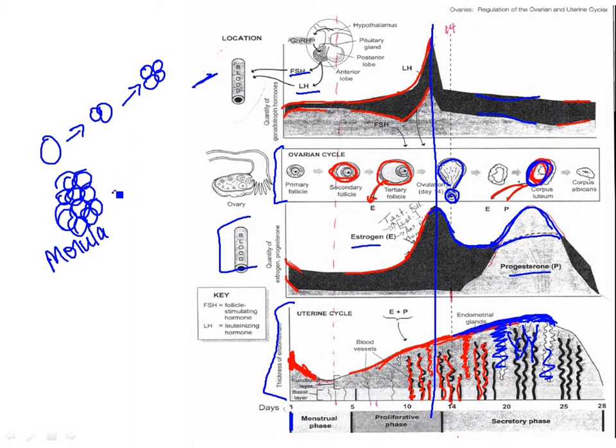Now that morula is then going to create a structure known as a blastocyst. So the blastocyst is going to have an outer ring of cells and an inner cell mass. Okay, so that inner cell mass is going to make the baby. That outer ring of cells is known as the trophoblast.